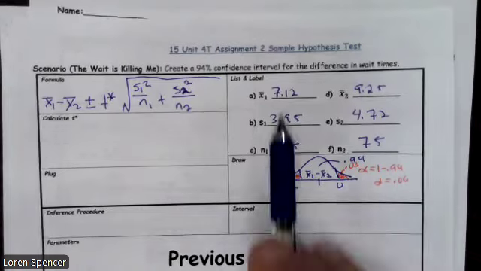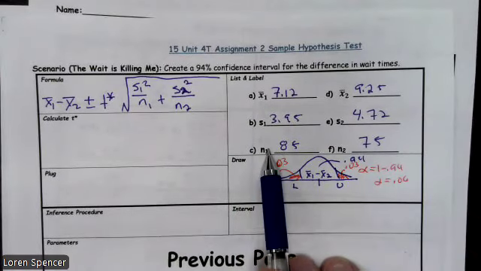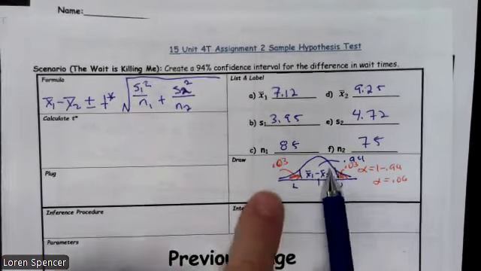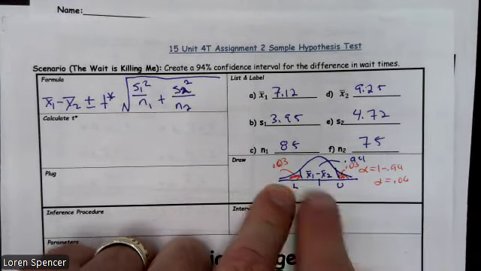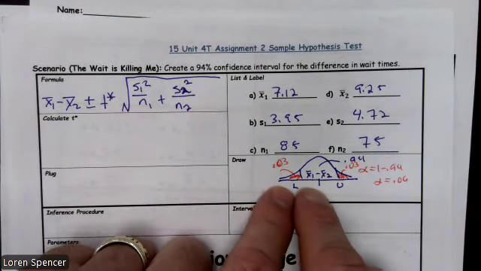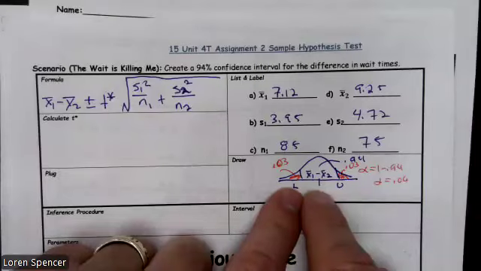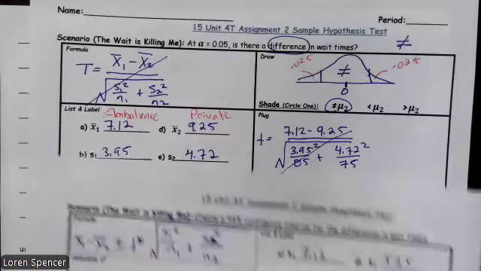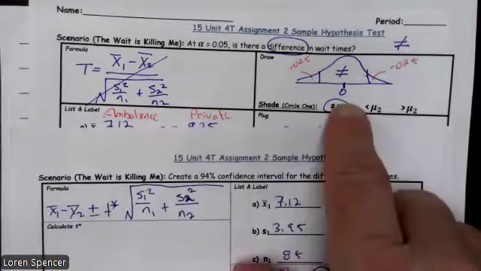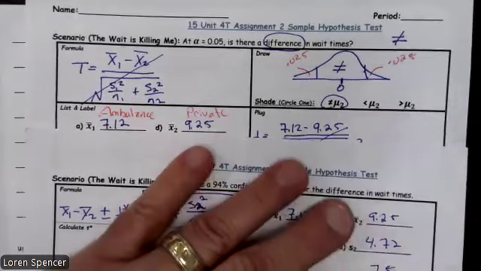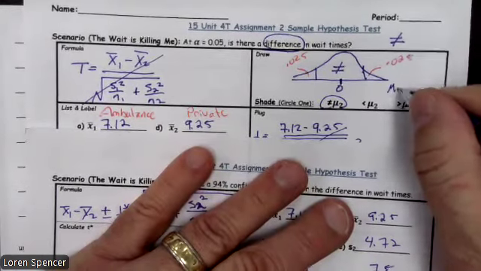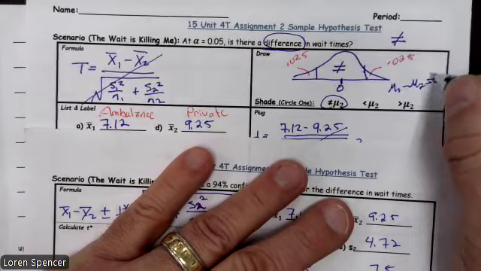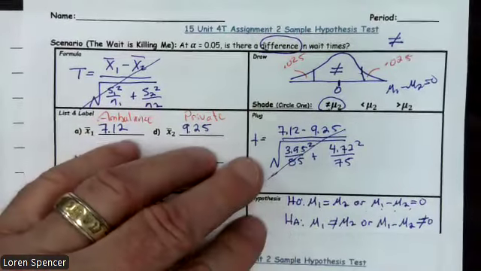I've recorded the information from the table here and drawn my picture. Notice that on the other one we were centered at 0, because in the hypothesis test we were saying mu1 minus mu2 equals 0, since that was our hypothesis.